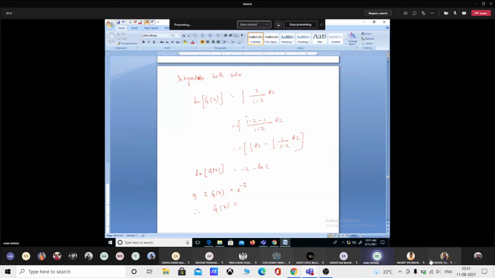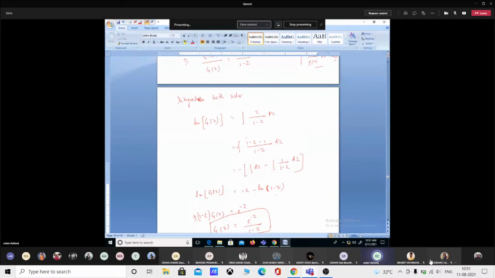Sorry, log of this is 1 minus z. So it is e to the power minus z by 1 minus z. So this is a generating function. Now from here you have to find the solutions.